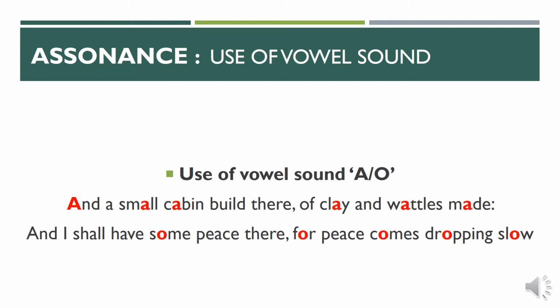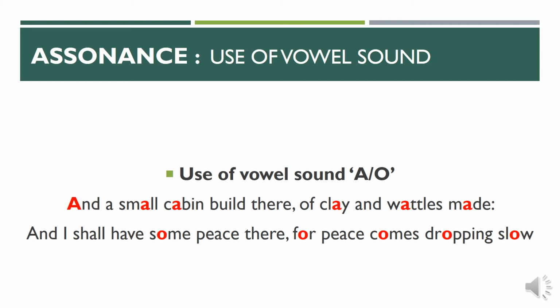Then comes assonance. Assonance is the repetition of a vowel sound, and the repetition can be anywhere in the word. We see in the first line that the A sound is being repeated, somewhere in the beginning, somewhere in the middle.